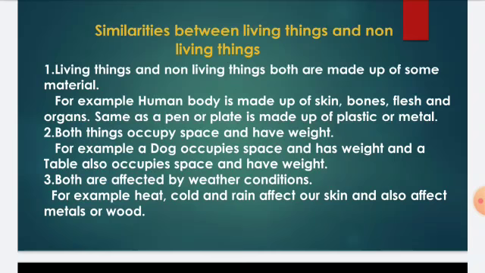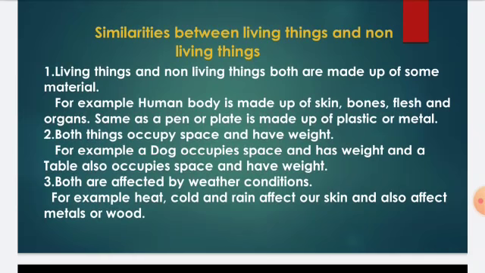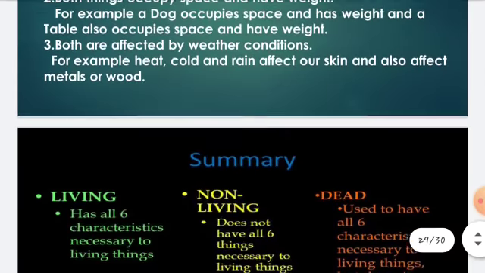Second, they both occupy space and have weight. Third, they both are affected by the weather and the climatic conditions around them. For example, heat, cold and rain affect our skin. It also affects non-living things like wood and metals.